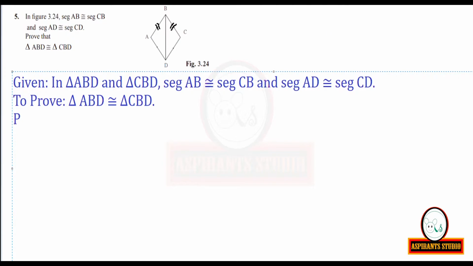In the figure 3.24, segment AB is congruent to segment CB and segment AD is congruent to segment CD. Prove that triangle ABD is congruent to triangle CBD. Now we will write the proof. In triangle ABD and triangle CBD, segment AB is congruent to segment CB is given.